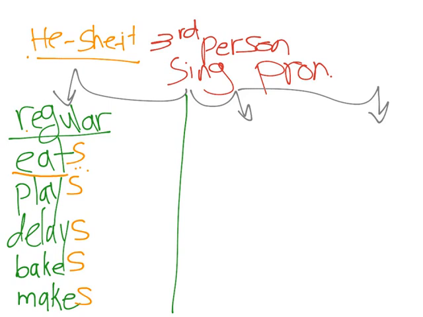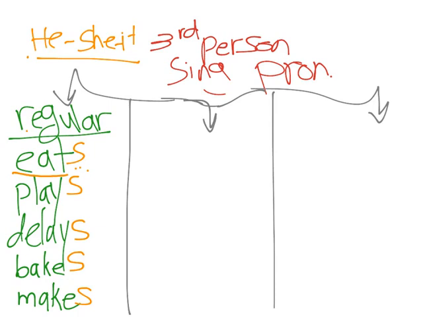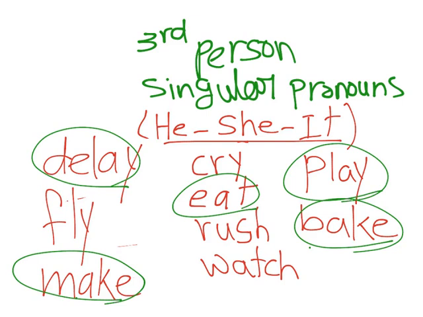Alright, the second rule is verbs ending in Y, or consonant plus Y, like cry and fly.